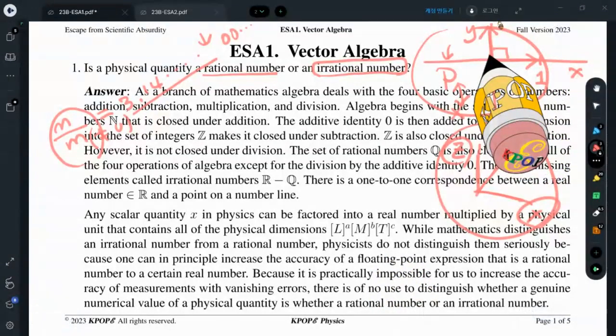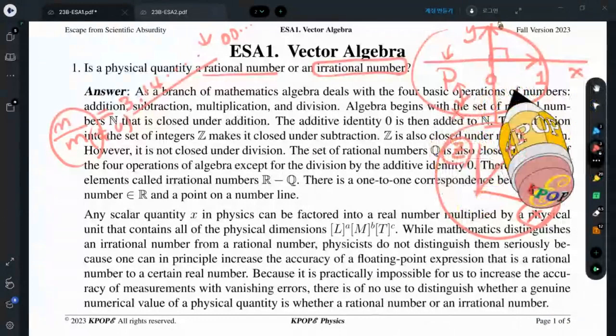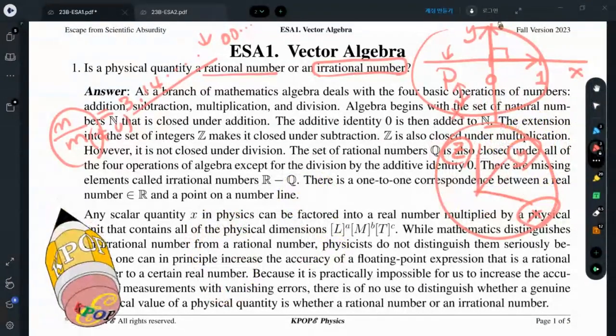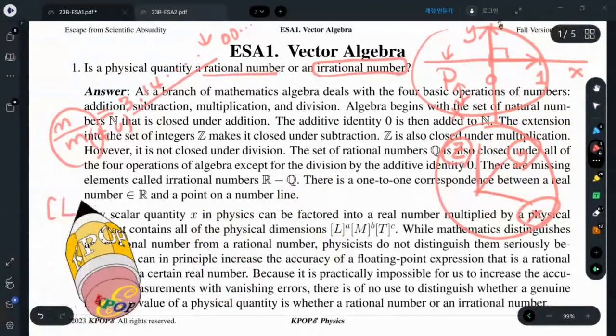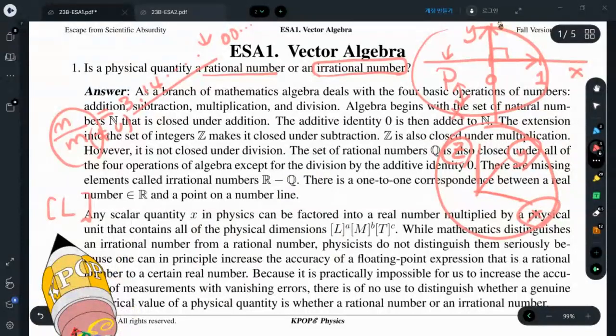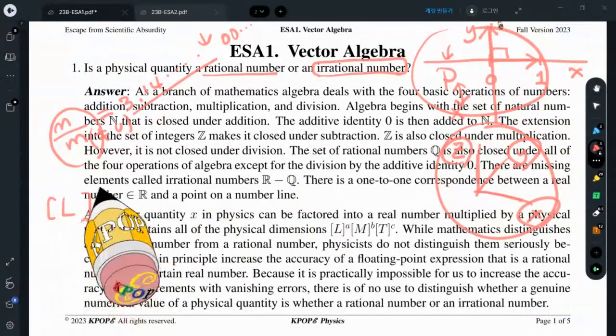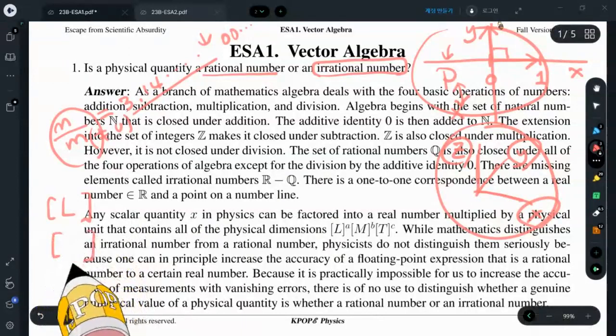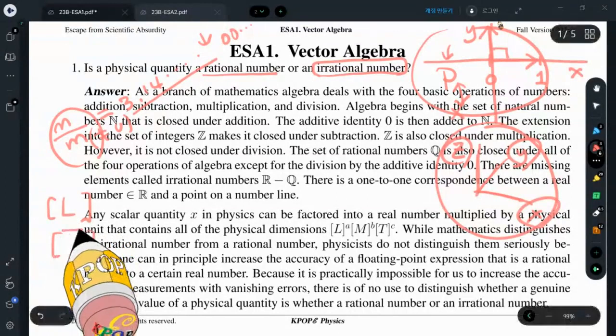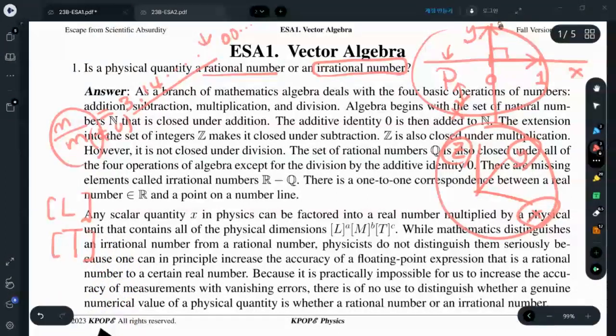However, in physics, we have dimensions such as length. Because we are living in some space, we are living in this nature that includes time. Without time, we cannot describe any motion. We are not living inside a picture. Instead, we are moving around, we require a time.